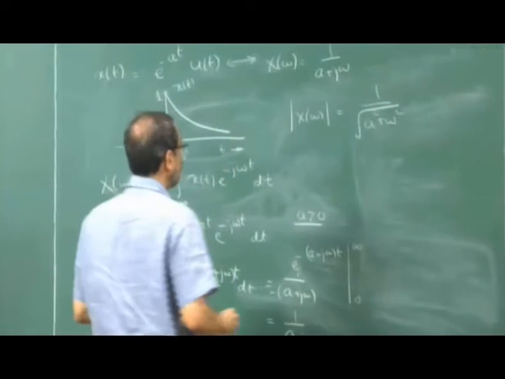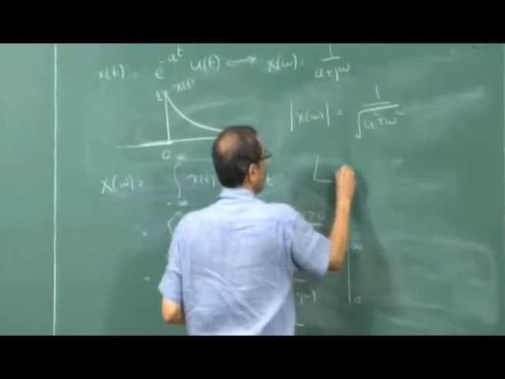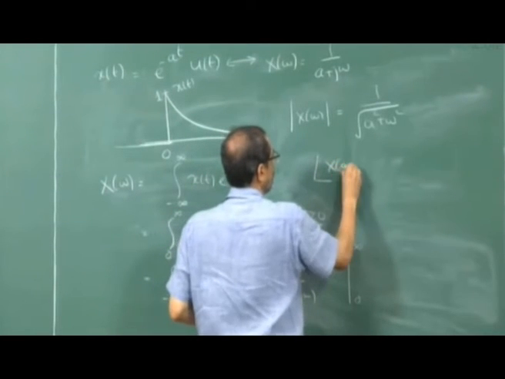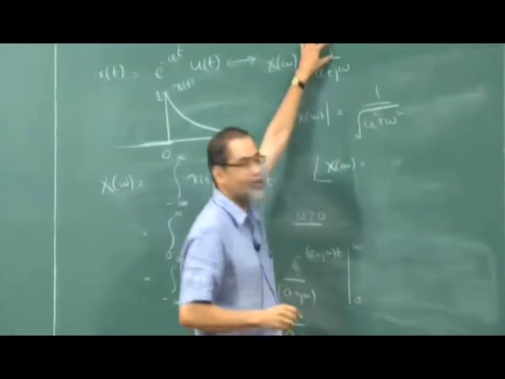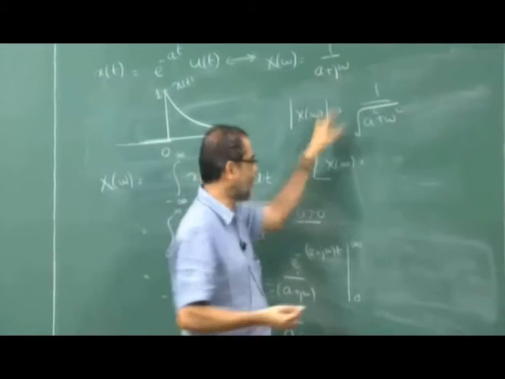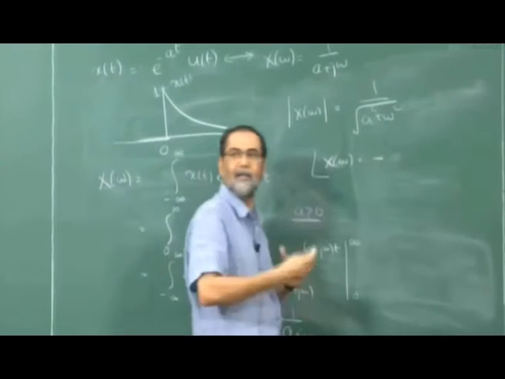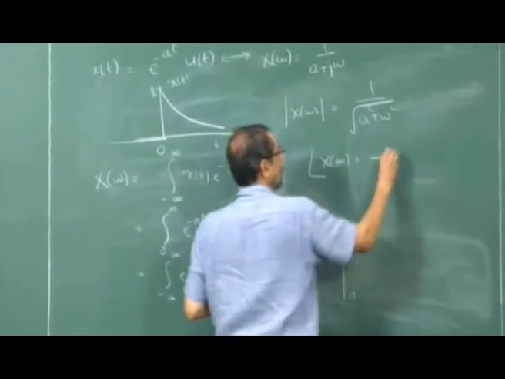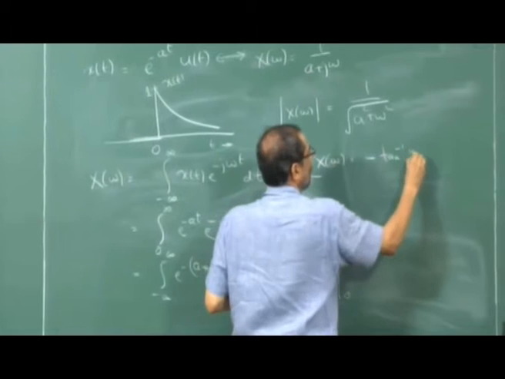And its phase is, this contributes a phase of 0 because it is real. This is the denominator, so it becomes minus, right, and it is tan inverse omega by a.